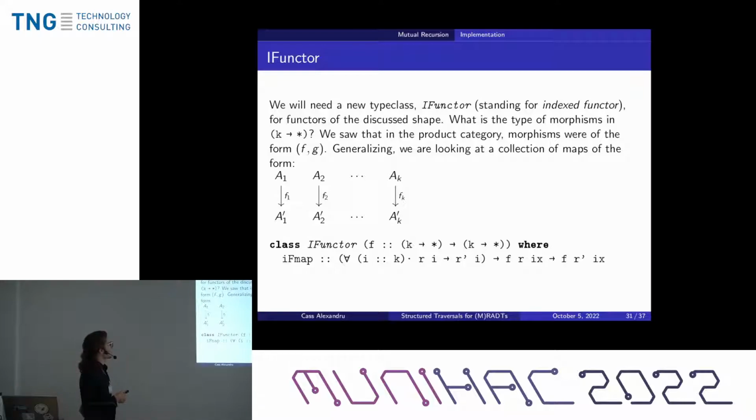So in a product category, you have a collection of functions, one for each index. And how can we define this collection?